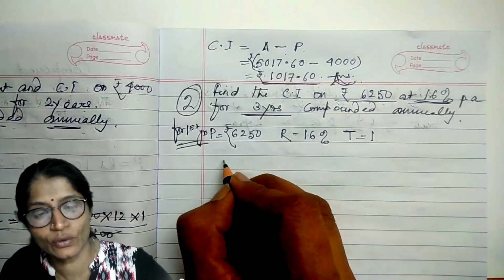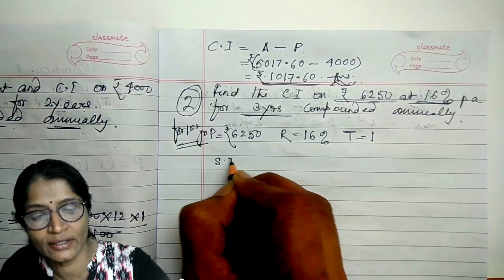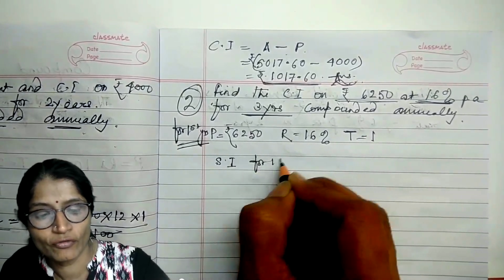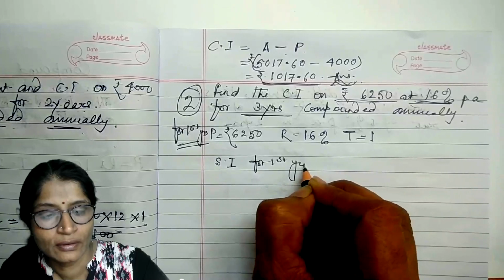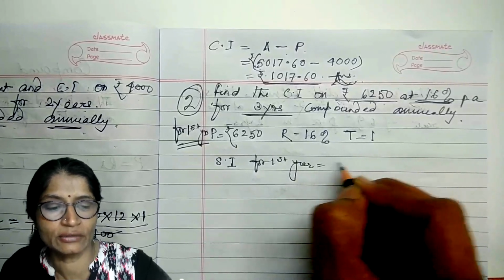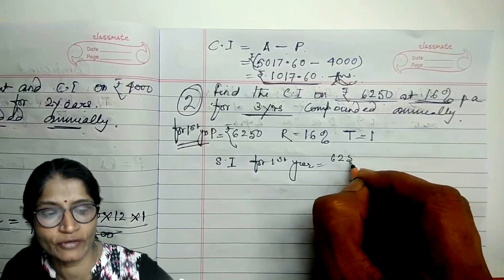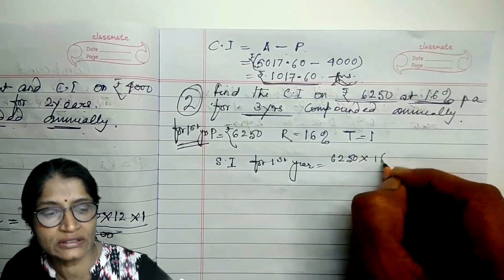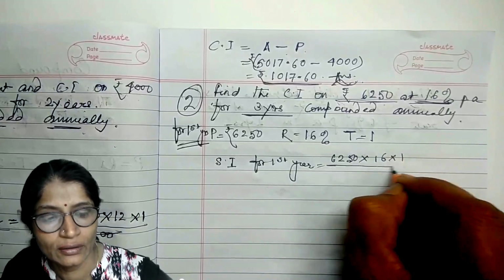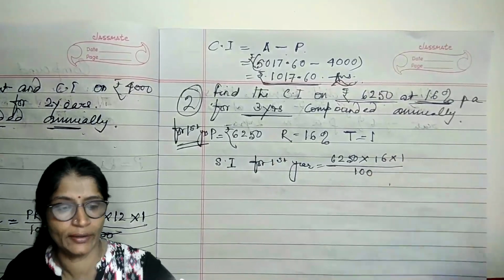So SI, interest for the first year, is equal to PRT by 100. So P here is 6250, R is 16, time 1 year, divided by 100.